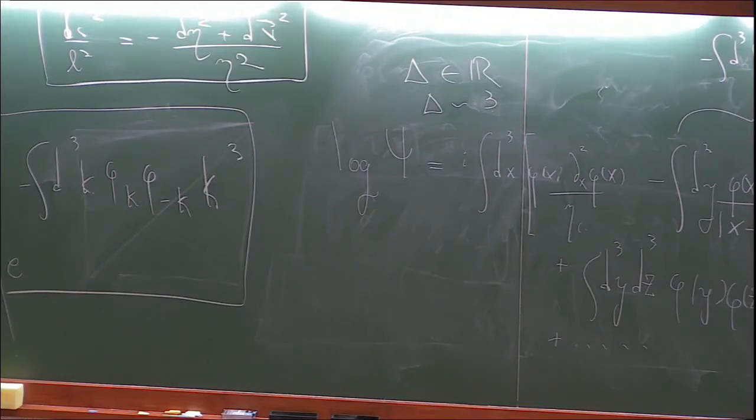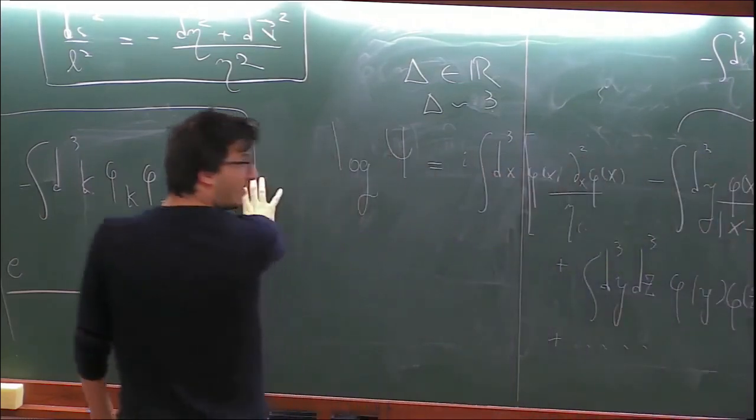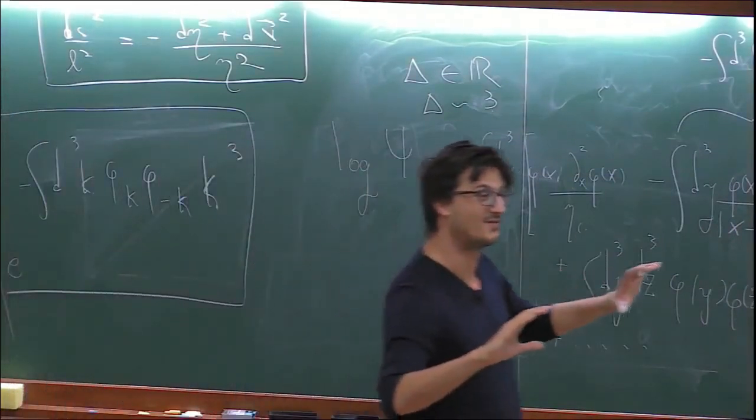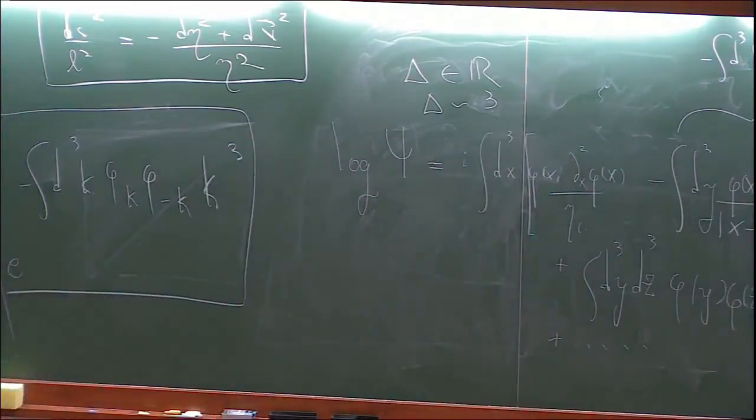In the case of a massless field in de Sitter, the propagator of the particle, so the expectation value of 2 momentum modes of a massless field, so integral psi squared phi k phi minus k, will have a 1 over k cubed. In the IR, this is quite stronger.